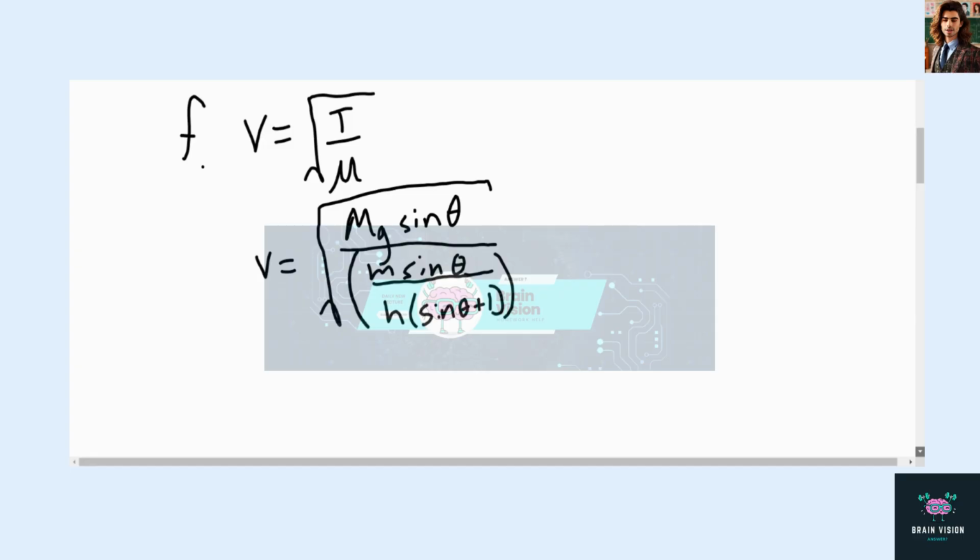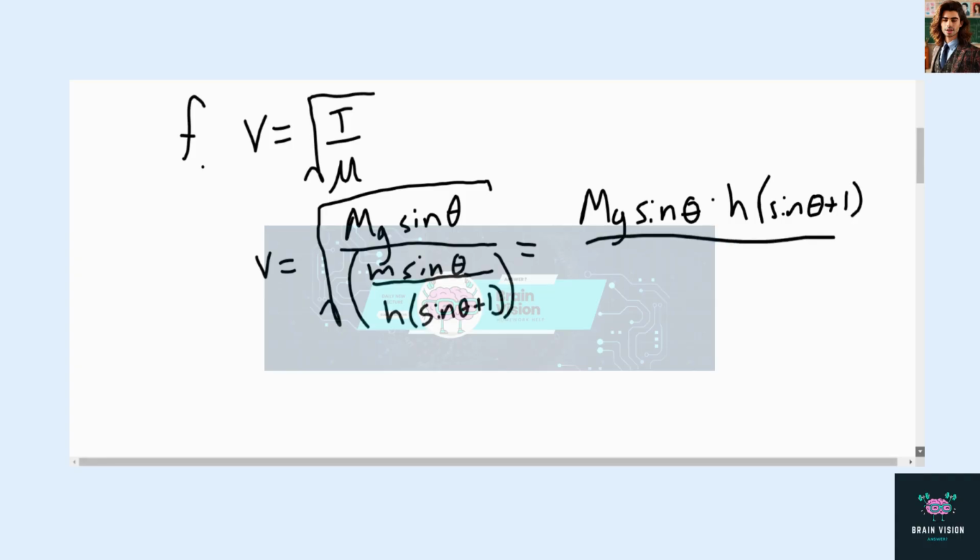And if we start simplifying this, we'll have big M times G times sine theta times h times sine theta plus 1, and all of that is divided by m sine theta, little m. And all of that is under the square root.